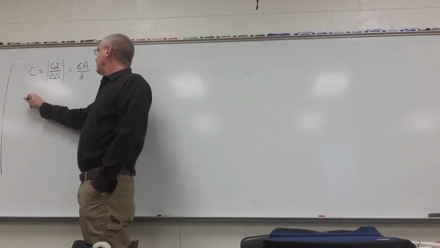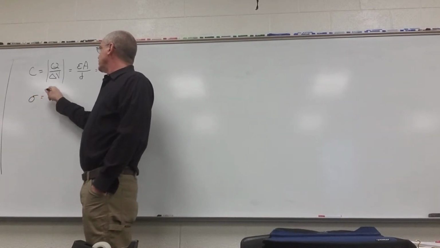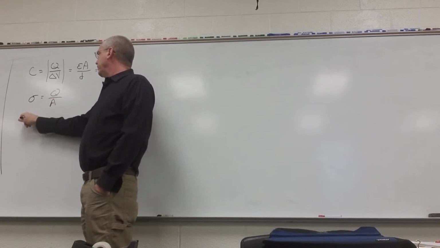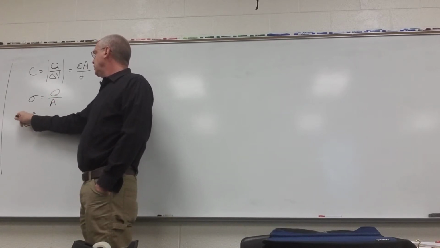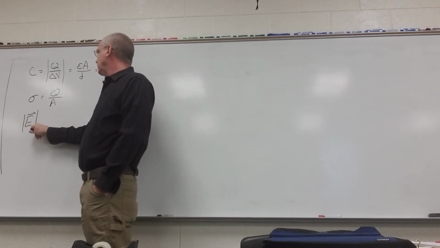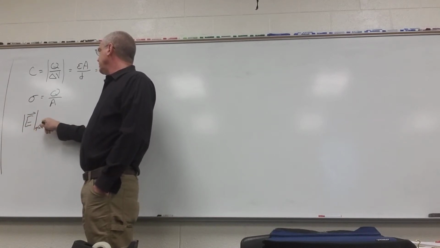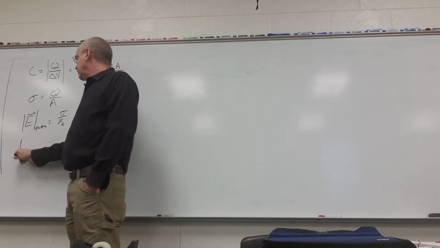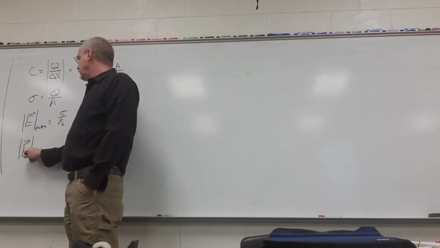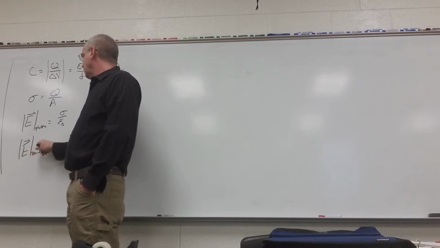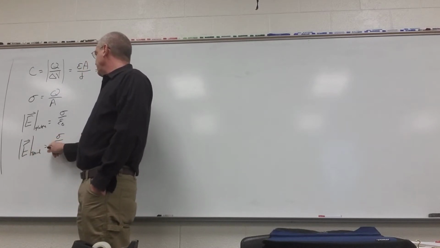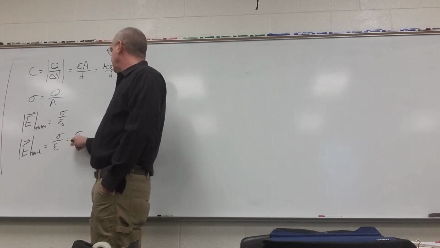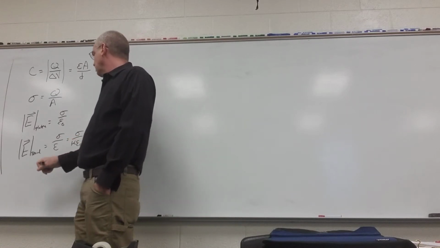We have surface charge density, which is the charge divided by area. We have the electric field, the magnitude of the electric field from the plates is equal to sigma over epsilon naught, and the electric field total would be sigma over kappa epsilon sub naught.